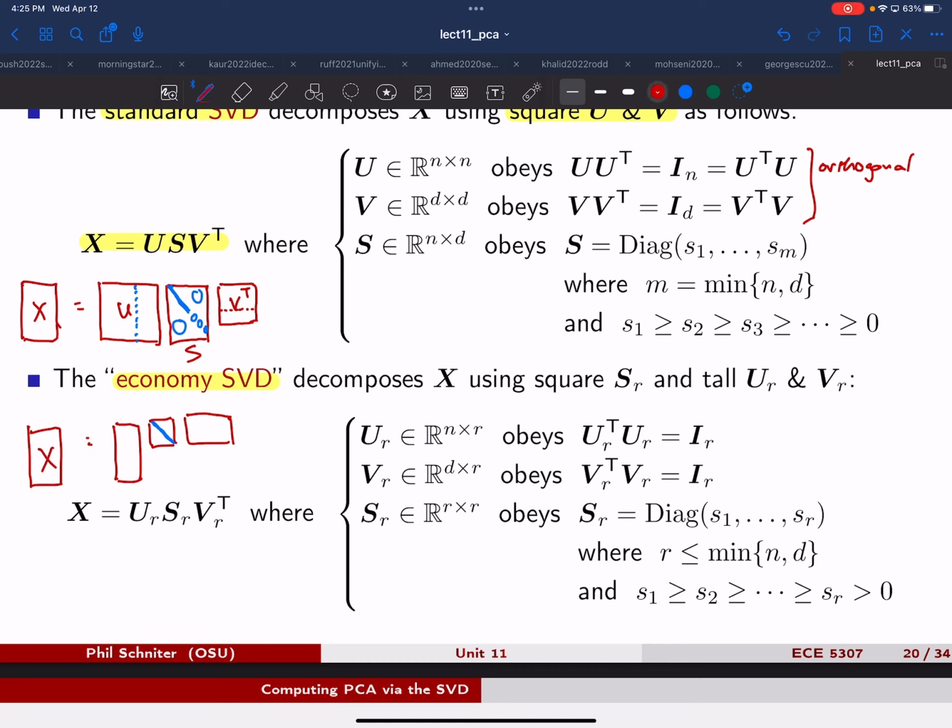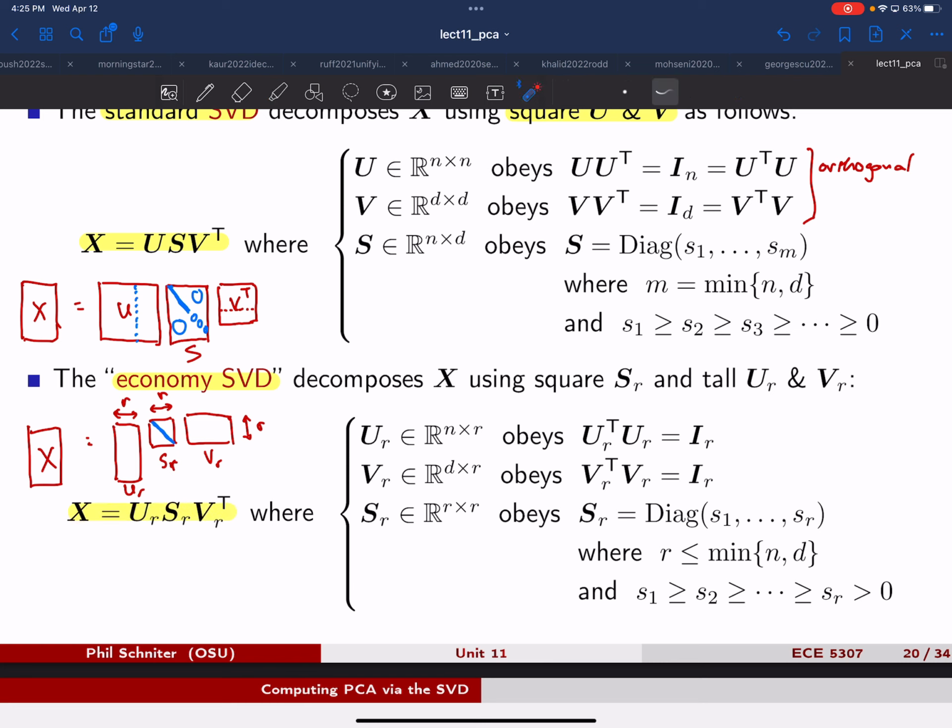Okay, so we call these UR, SR, VR. And it turns out that if this matrix has a rank of little r, then that is the dimension we're working with here. This is r-dimensional, r-dimensional, r-dimensional, little r. Okay, so that's the economy SVD.